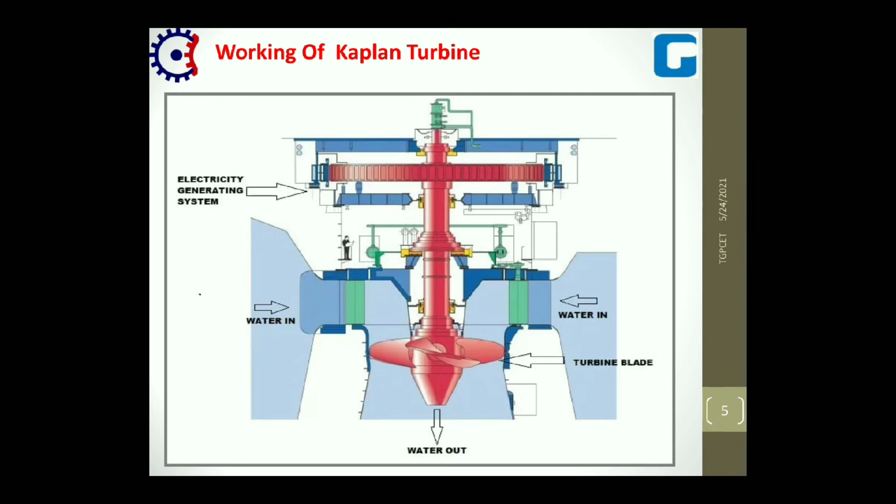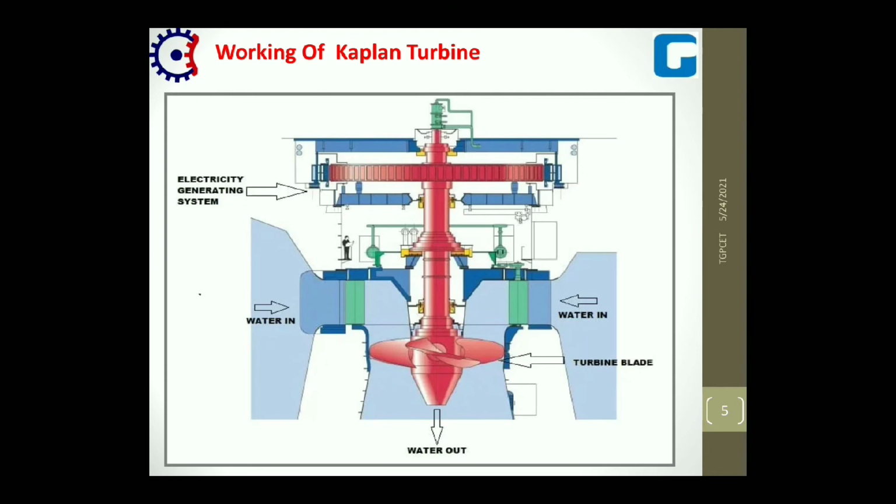Now we are studying the working of the Kaplan turbine. The water enters the spiral casing of the turbine. The turbine shaft is connected with the runner blades, we can see here. Now the water comes to the guide vanes. The guide vanes control the flow of water.